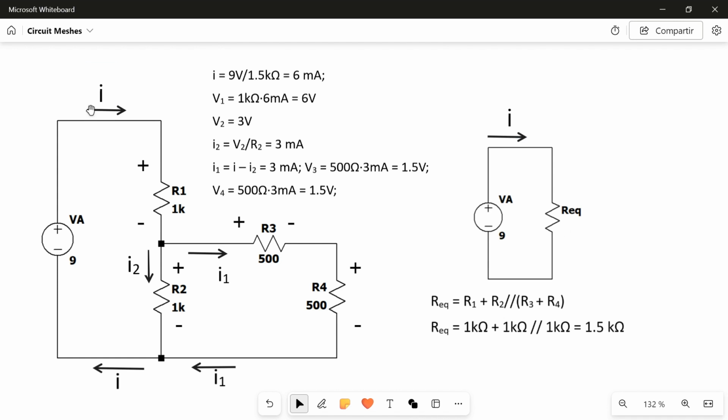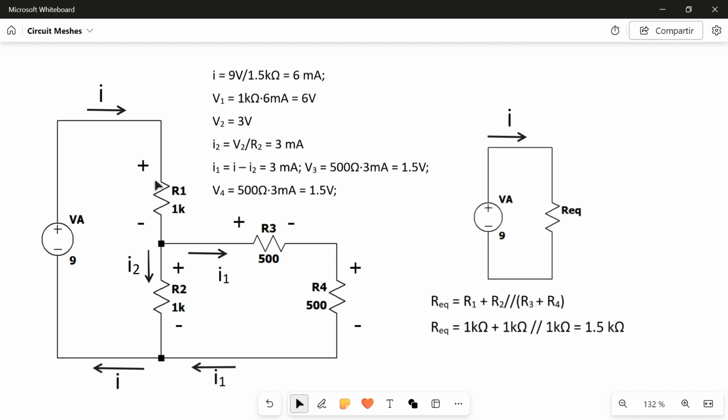The current here is the same as the current here, because the current that goes into this terminal comes back from this terminal, and the equivalent resistance is the resistance between these two terminals. So I have I here, I forget about this circuit, and I come back to my original circuit. I comes into R1 and produces a voltage drop, which I don't name here for not adding more elements to this graph, but I can say that this voltage drop, I name it V1.